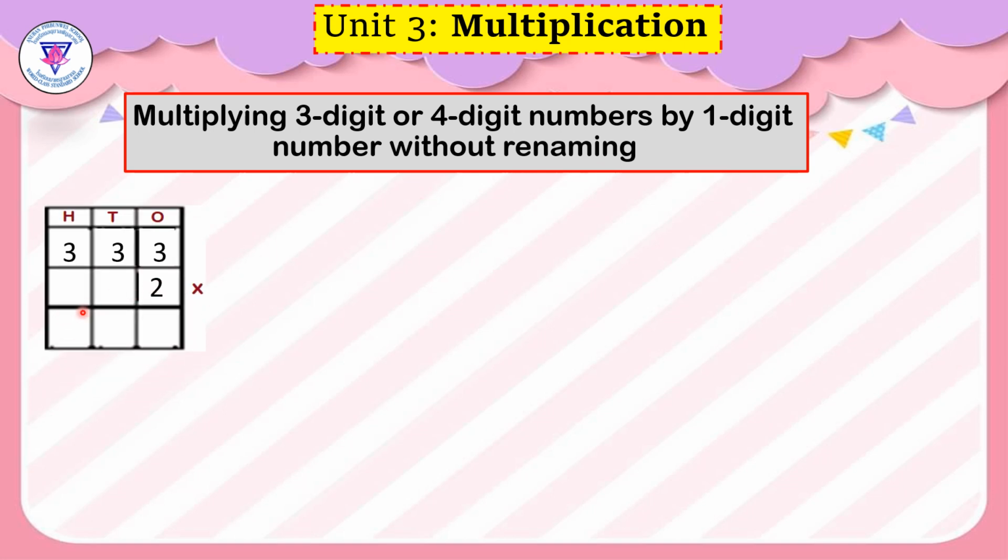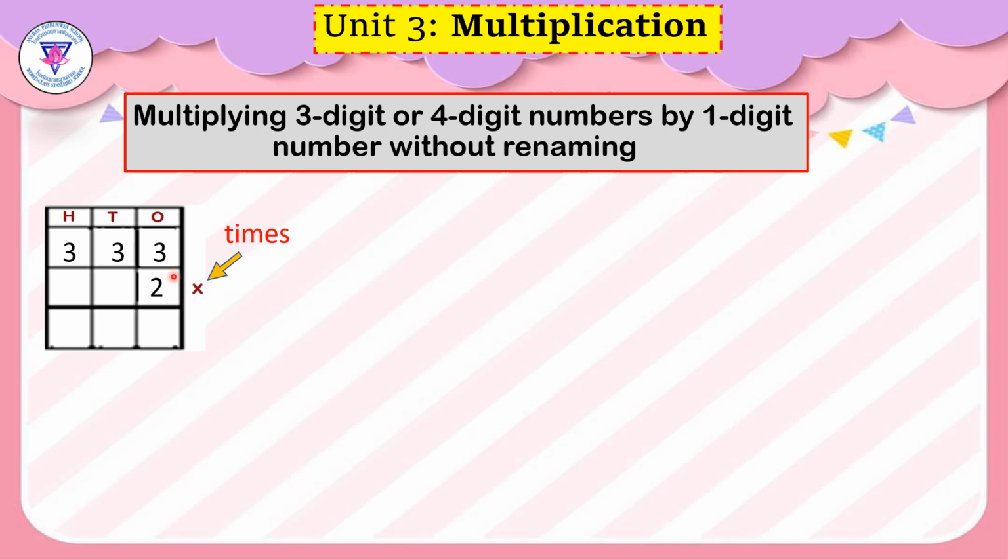As you can see inside the box, the given number is 333 multiplied by 2. On top of the number 3, there is letter O, wherein letter O means ones, T means tens, and H means hundreds. In this multiplication, we are going to use the symbol of times.